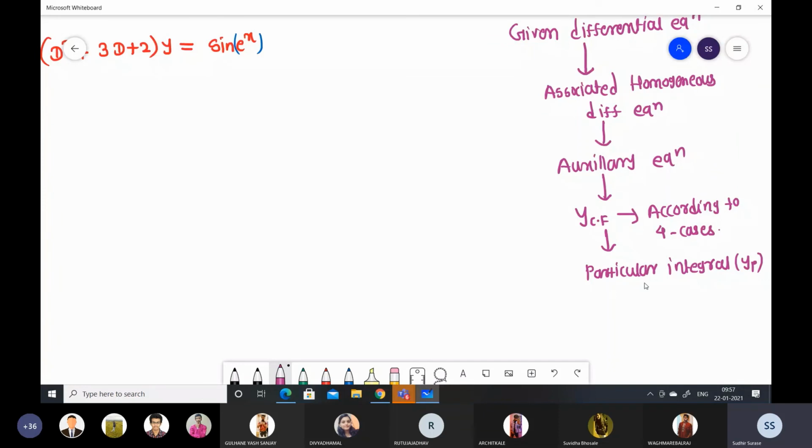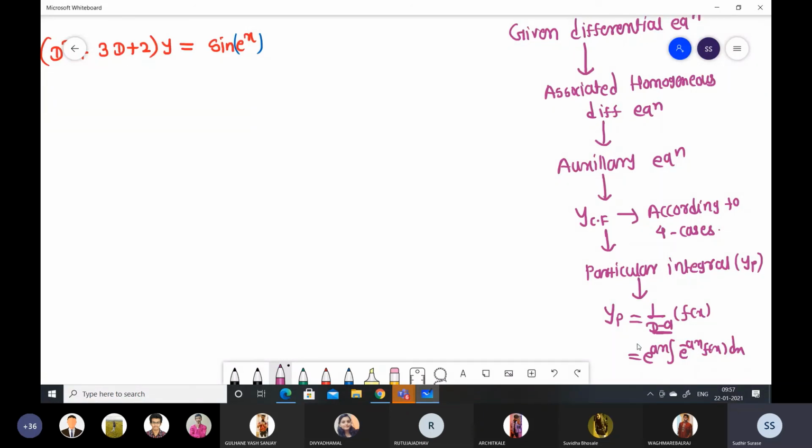YP, and to find YP, we have the very first formula, that is 1 upon D minus a f of x. Here we have e to the power ax, inside e to the power negative ax, f of x dx. And if you have more than one factor like this, D minus a, D minus b, or something like that, then you have to go successively. Keep going on. If you have 3 factors, keep going on.